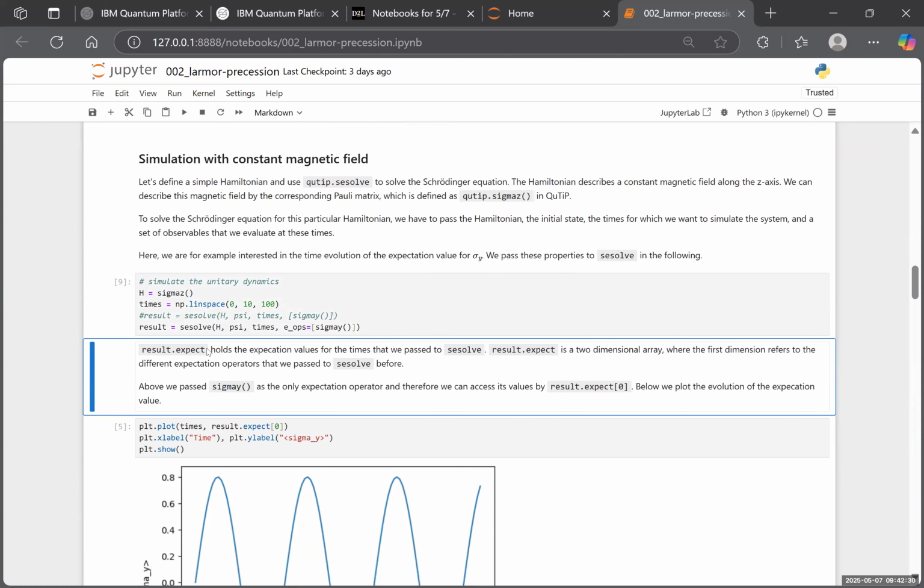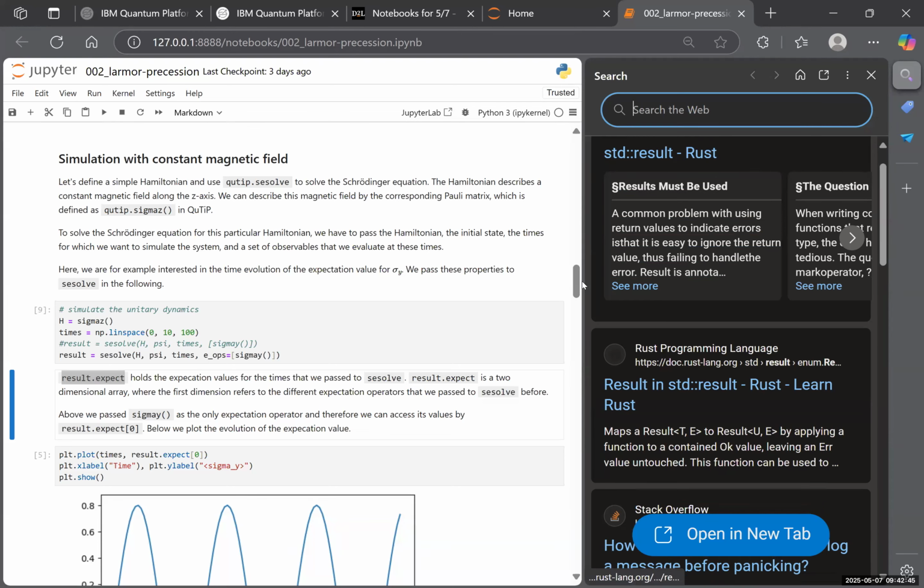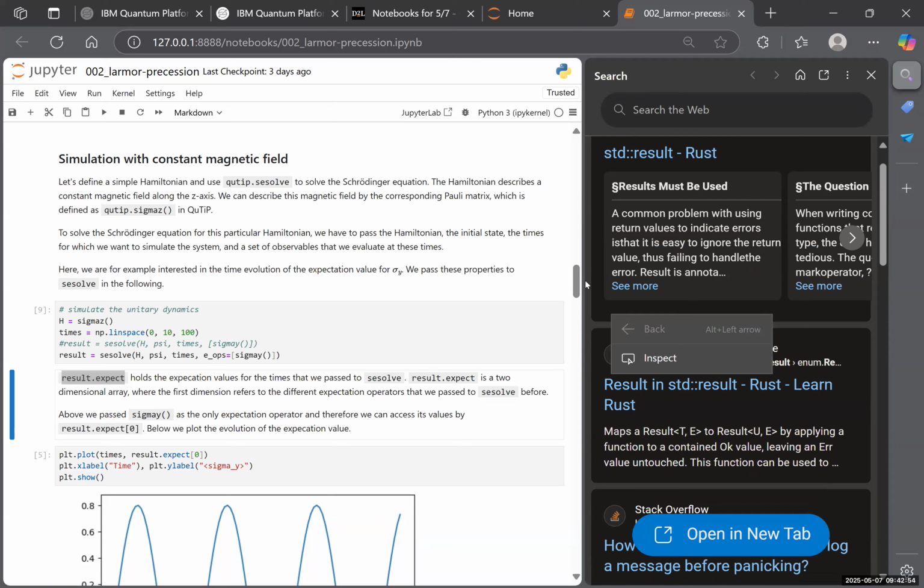And then it says result dot expect. Accidentally opened this. How do I close it?